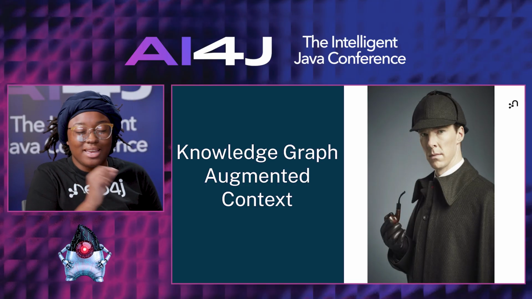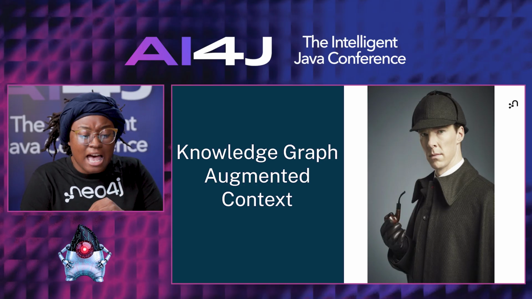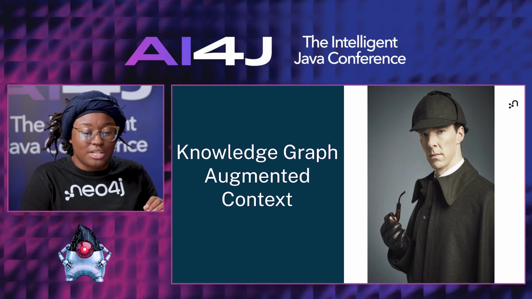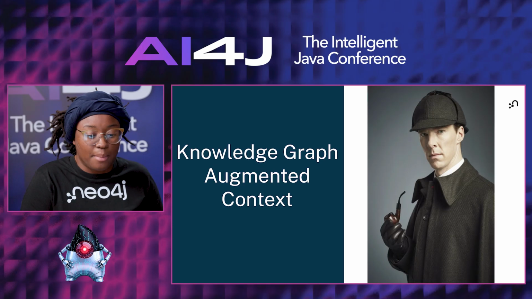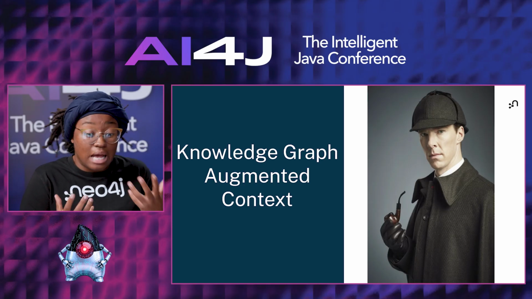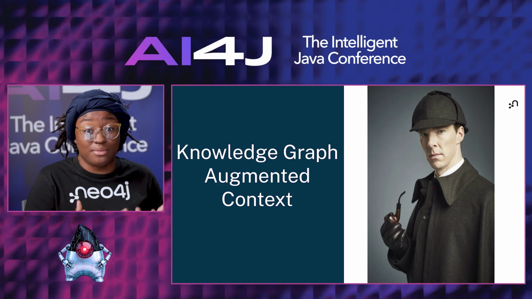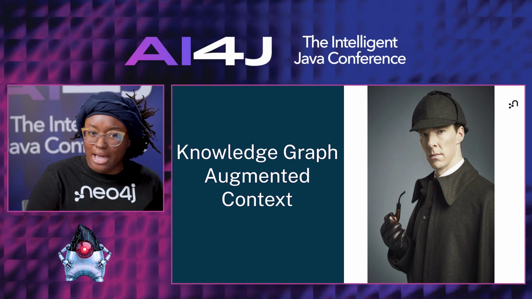So Sherlock Holmes is what I think a perfect representation. He's able to synthesize and trace down important information and the clues that are necessary in order to solve a particular problem. And this is exactly what context engineering allows you to do when you integrate knowledge graphs into your contextual AI stack. But how do they actually work?